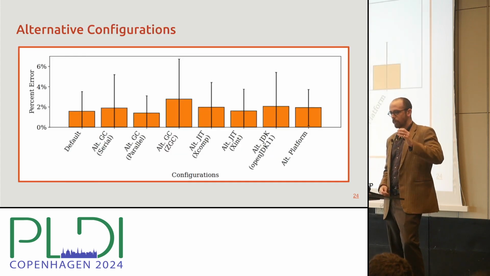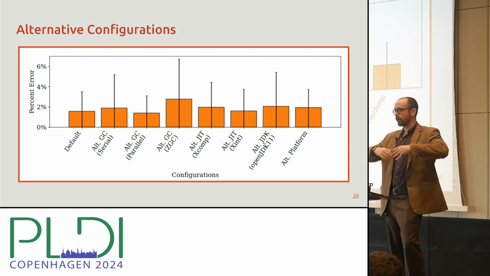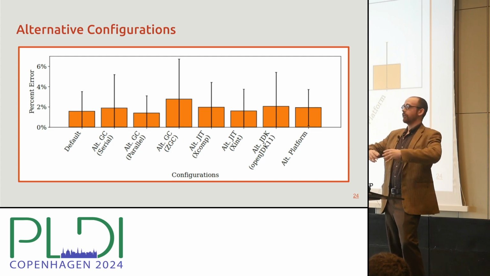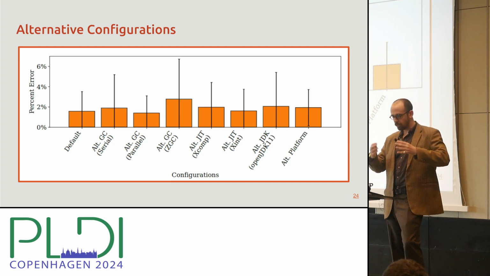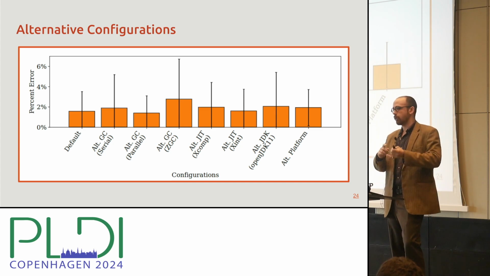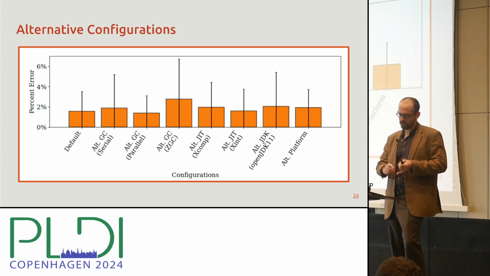I mentioned before that we didn't just use OpenJDK 19, or at least we used that as a default. We wanted to make sure that this wasn't just a fluke on our given machine. So we used a bunch of different configurations and combinations of things to see whether VESTA works just as well. We tried different GCs, the default being G1 GC for JDK 19.